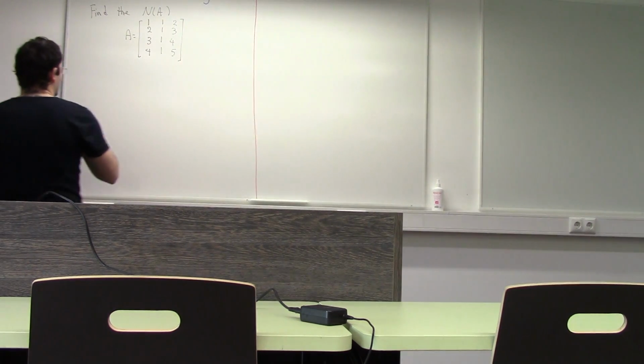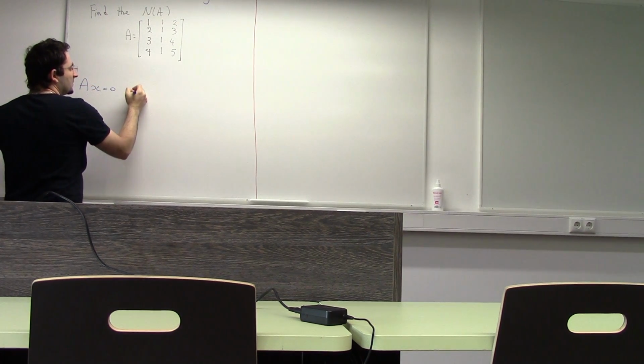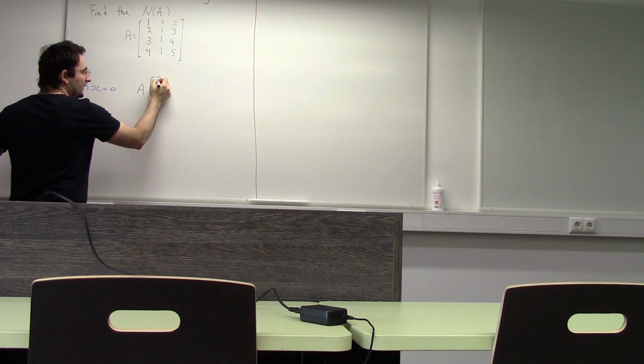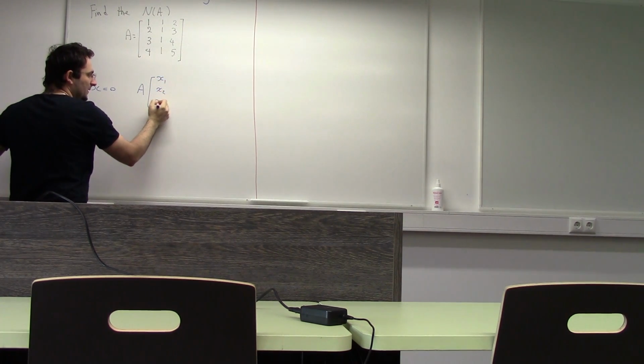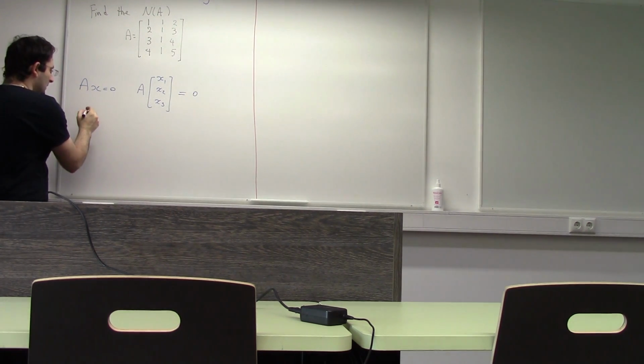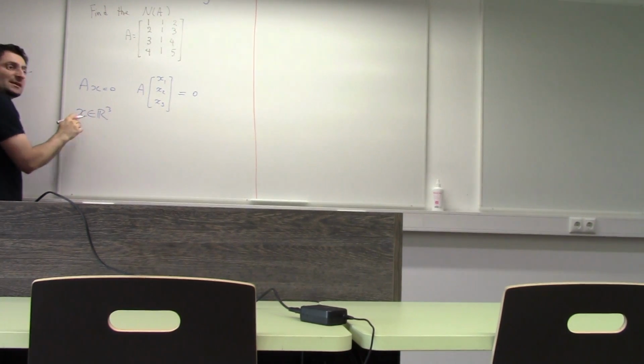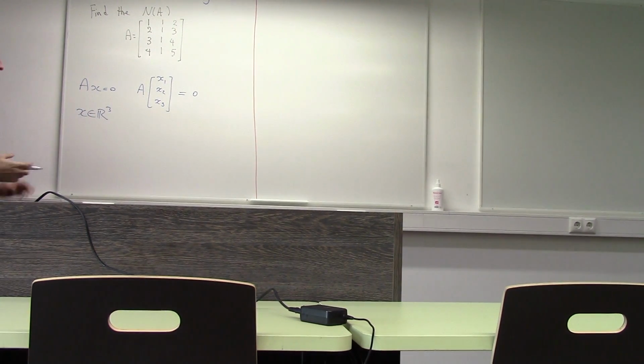If you write Ax equal to 0, so A multiplied by x1, x2, x3 is equal to 0, which means that x belongs to R3. So the question is what is x and what does it represent geometrically?